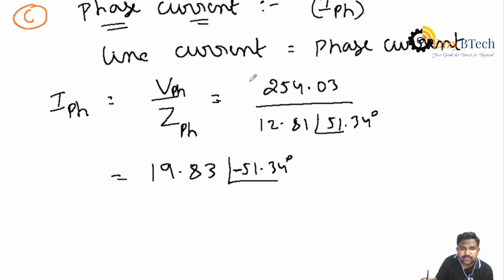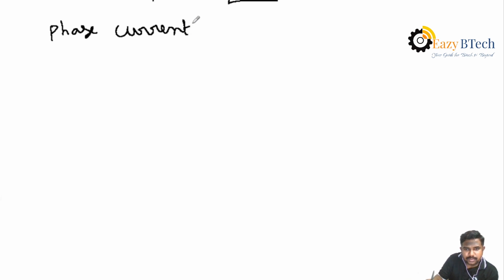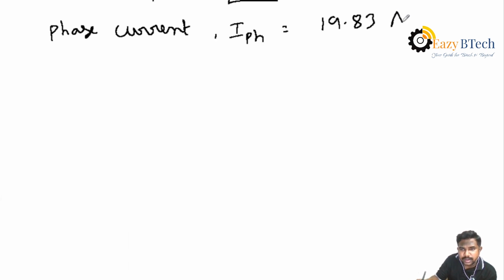But the magnitude of current is 19.83 amperes. Therefore, phase current IPH equal to, magnitude is 19.83 amperes.